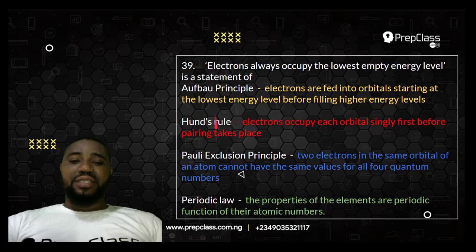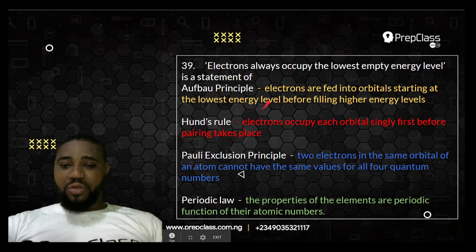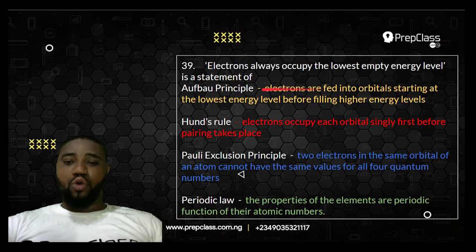So if you see all these statements here, the one that is similar to the question, electrons always occupy the lowest empty energy level, is the Aufbau principle, because the Aufbau principle says that electrons are fed into orbitals starting at the lowest energy level before higher energy levels. So this is the only one that relates with this question, telling us that electrons occupy lower energy levels before they climb towards higher energy levels.